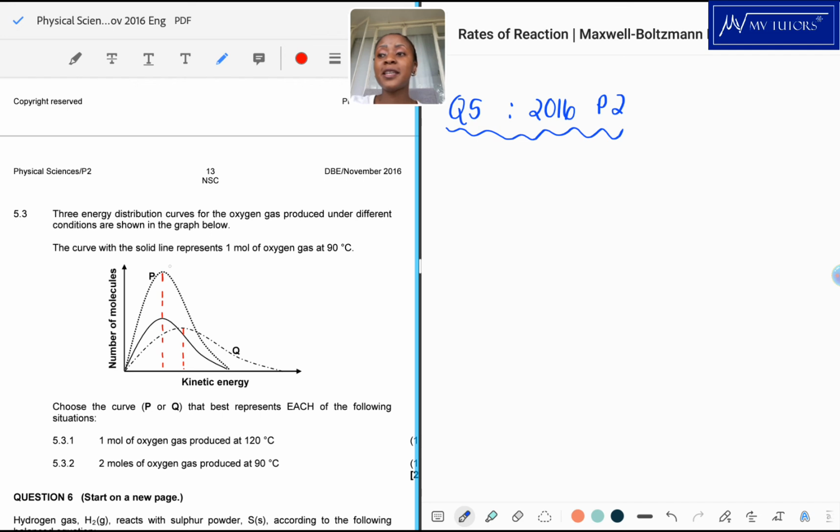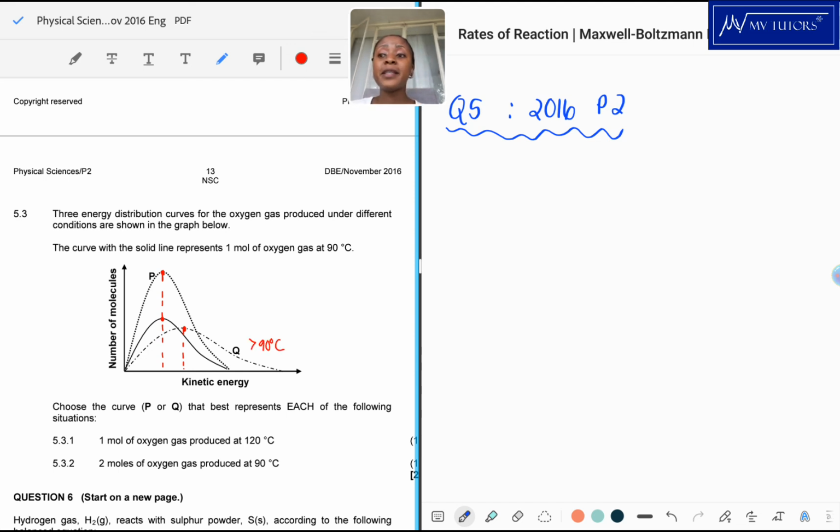And as you can see, the maximum with graph Q is actually less, but with the shift of the most probable energy to the right, we know that we have an increase in temperature. Okay, so if the solid line was 90 degrees, then Q is definitely more than 90 degrees.